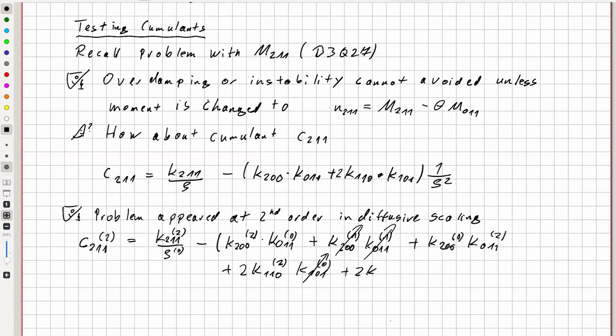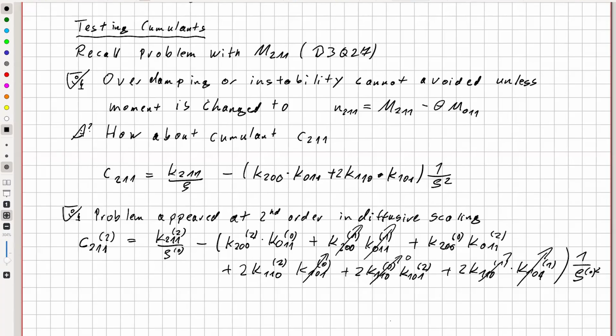I've forgotten a 2 here, sorry. Plus 2K110 to 0 order, K101 to second order, of which we know that this does not exist, plus 2K110 to first order times K101 to first order, of which we know that both do not exist, divided by rho 0 square.